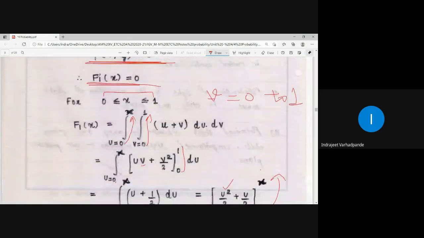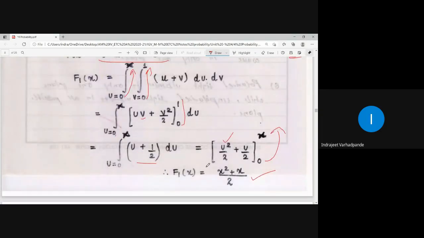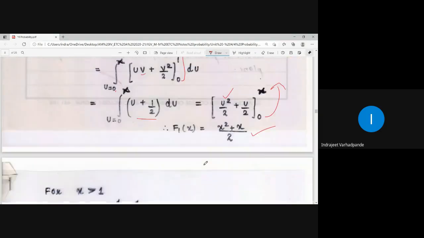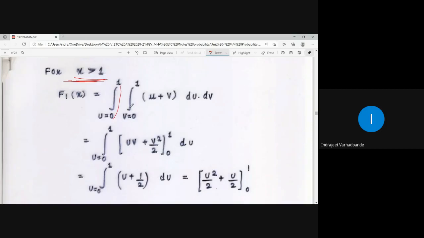So for this particular range, your answer comes out in the form of x. Above this range, your answer for the distribution function will be 1. So for x greater than or equal to 1, both the values will be integrated for the range 0 to 1. So what is the integration of u plus v?